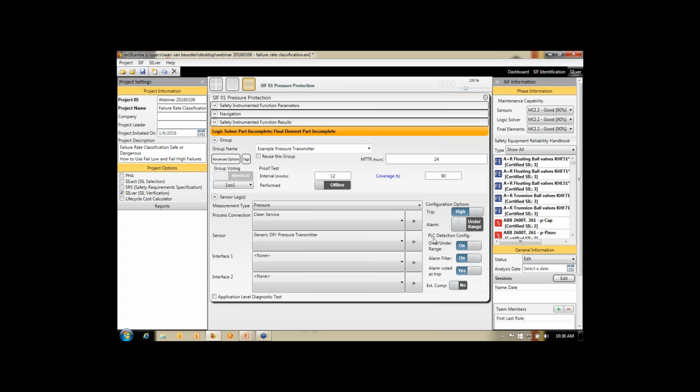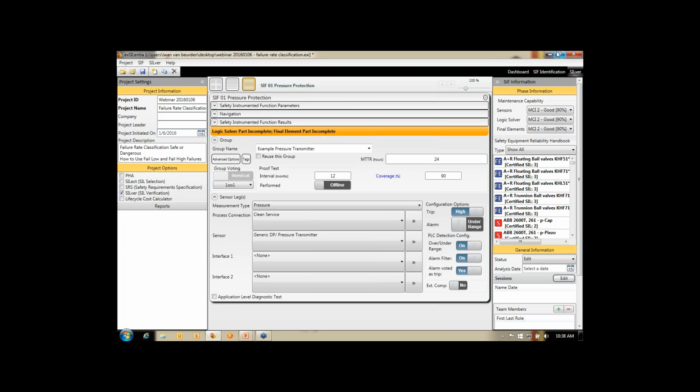Yes or no? And then the operating philosophy: do I want to continue to operate if my transmitter failed dangerous, or do I want to transition to the safe state in case there's a hazard that I won't be able to enunciate because my transmitter has failed?